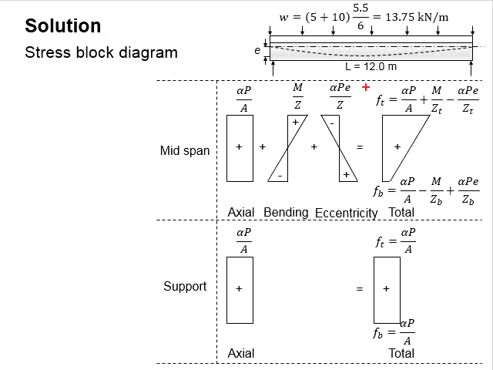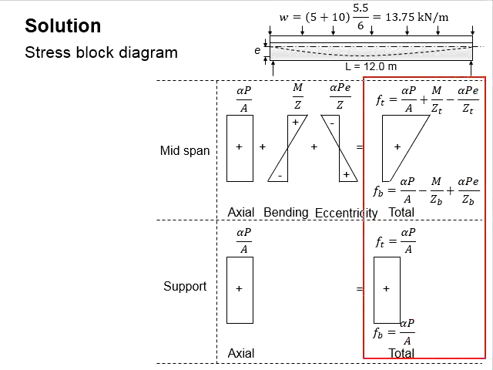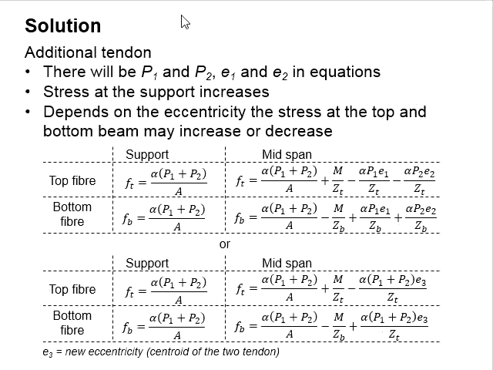And then go back to the equations which we developed earlier in the stress plot diagram. The new equations for the support will be the summation of P1 and P2.